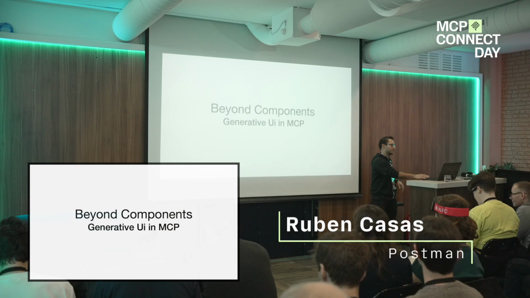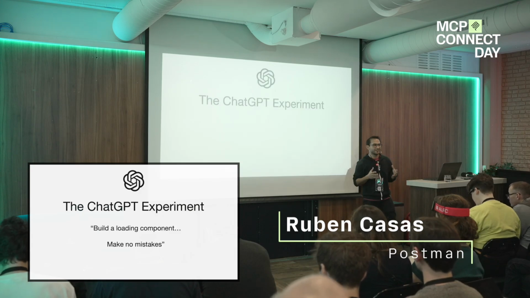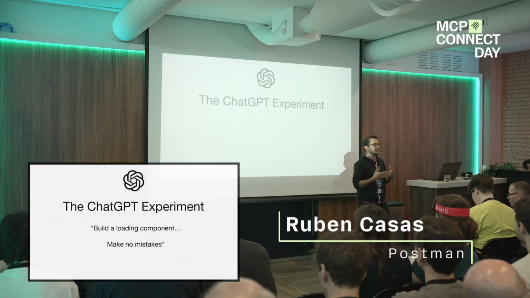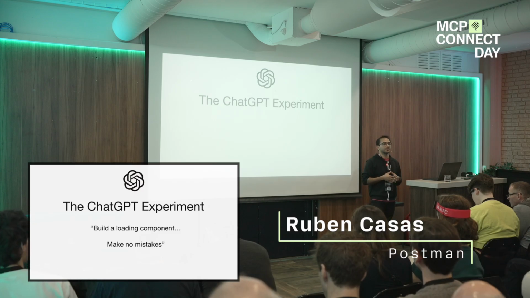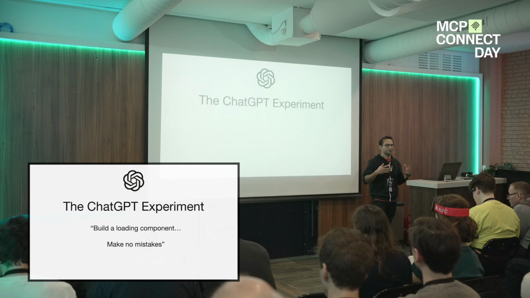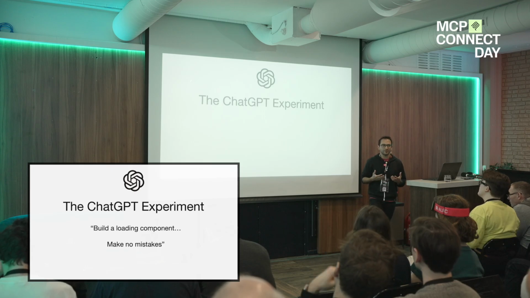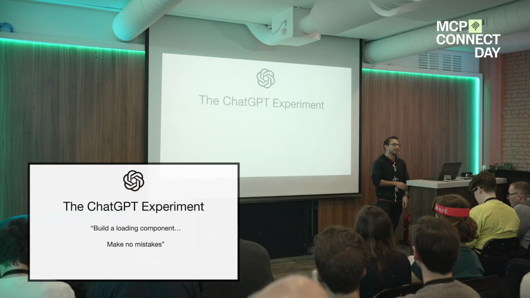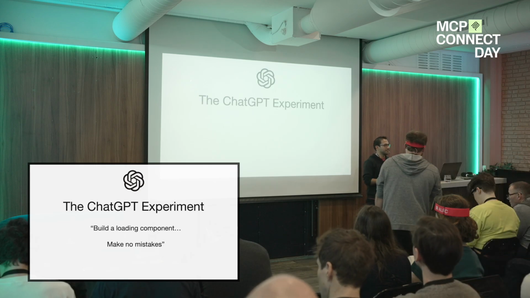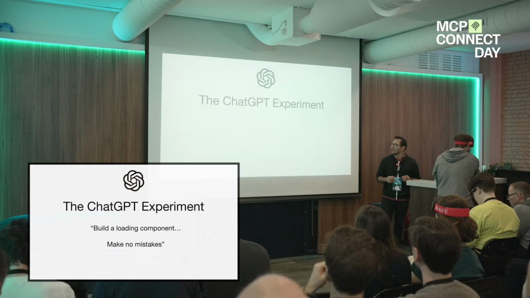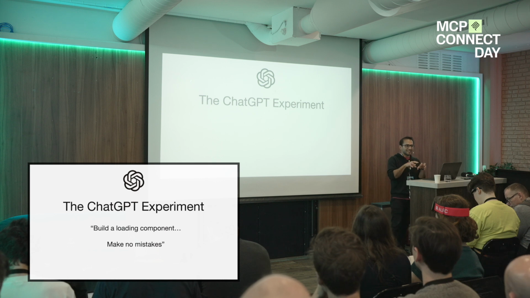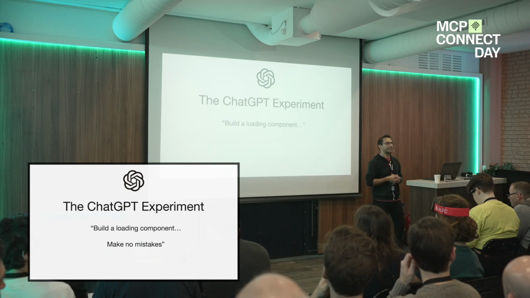If you remember a few years ago when ChatGPT came out, I definitely started experimenting creating a UI. I was just trying to get the model to come up with some code and see how far it could go. I did this ChatGPT experiment where I entered a very comprehensive prompt. I just said, build a loading component.